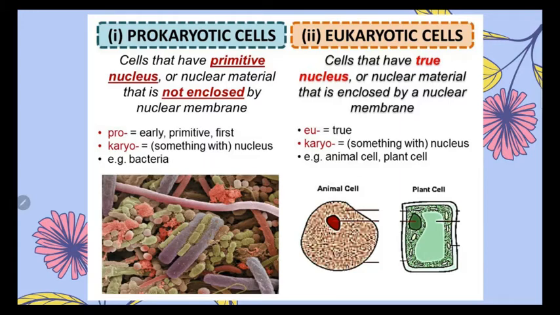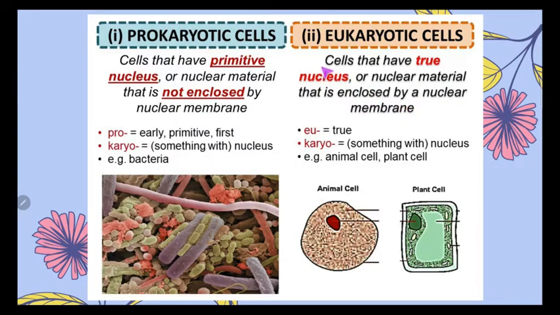Next is eukaryotic cells. Eukaryotic cells are defined as cells that have a true nucleus, or nuclear material that is enclosed by a nuclear membrane.